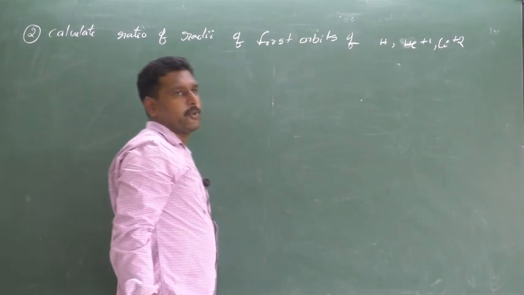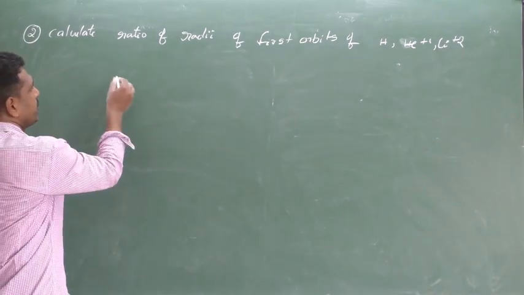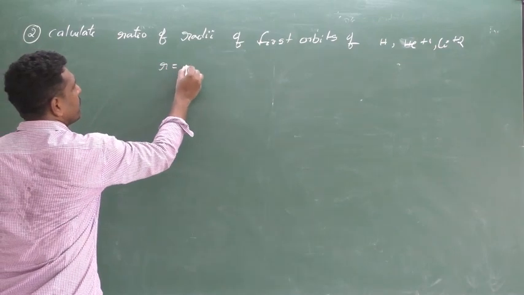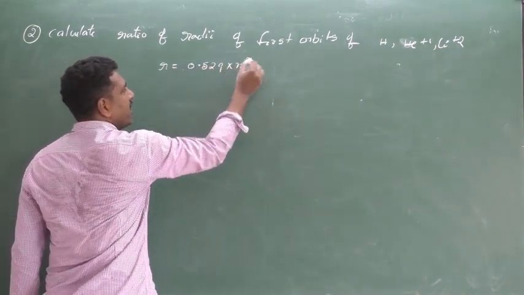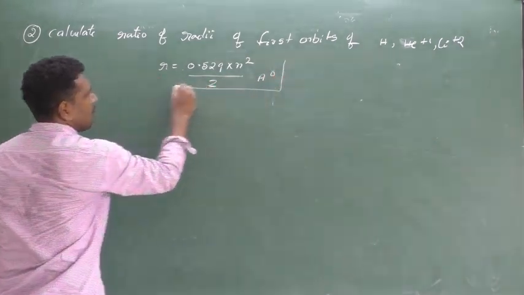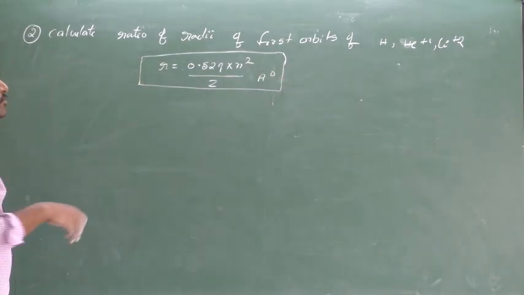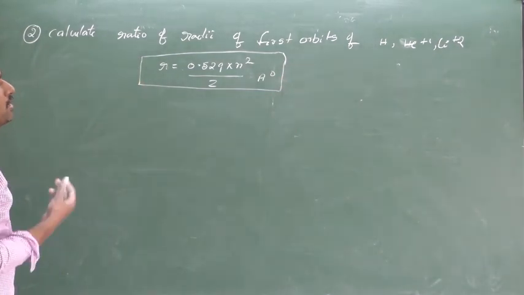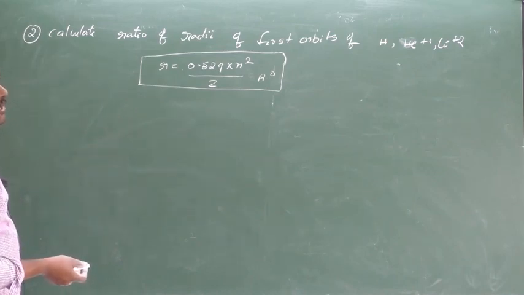So this is the problem. For first orbits, what is the formula? Radius equal to 0.529 into n square by Z angstroms. This is the formula. How many elements are given? 3 atoms: hydrogen, helium, lithium.